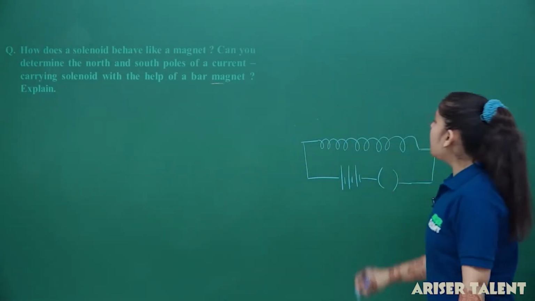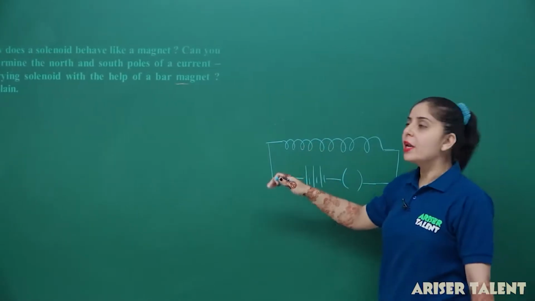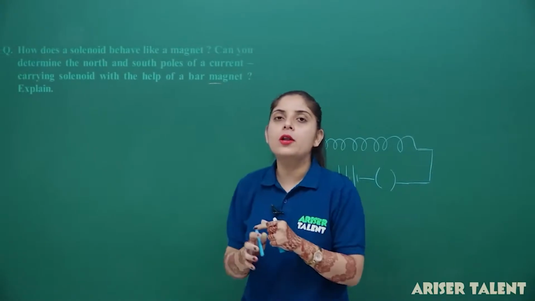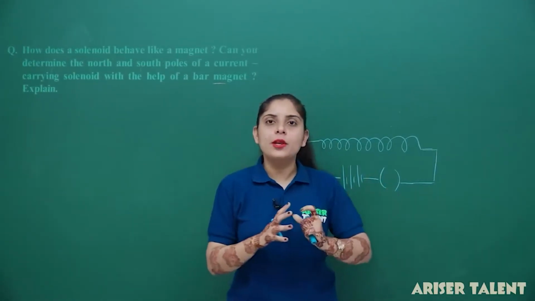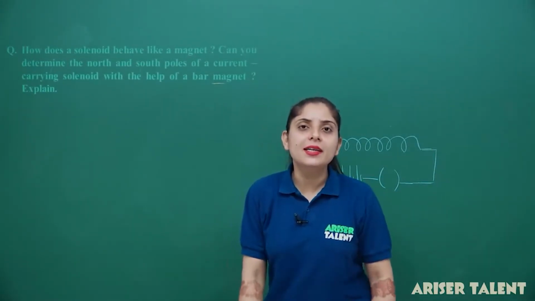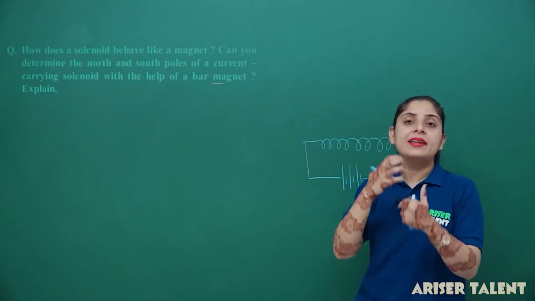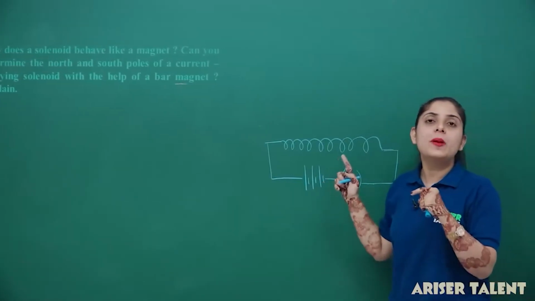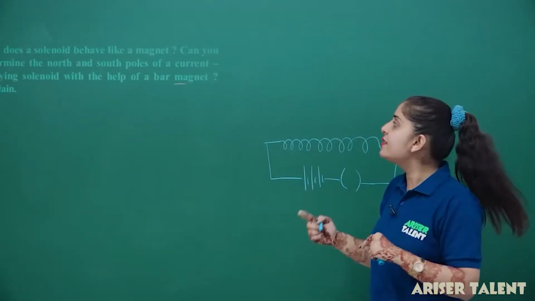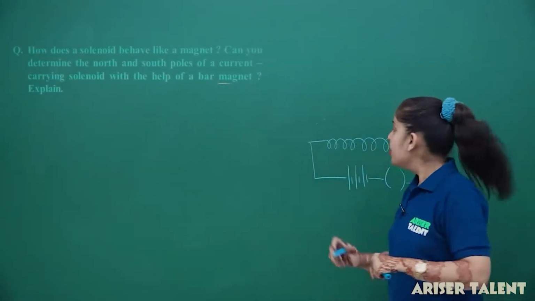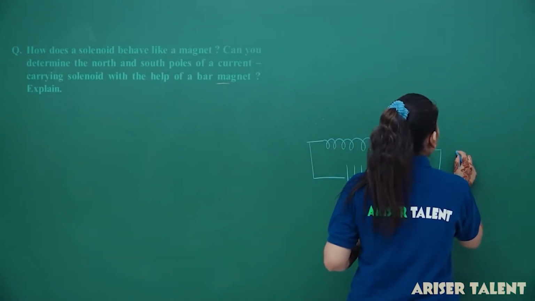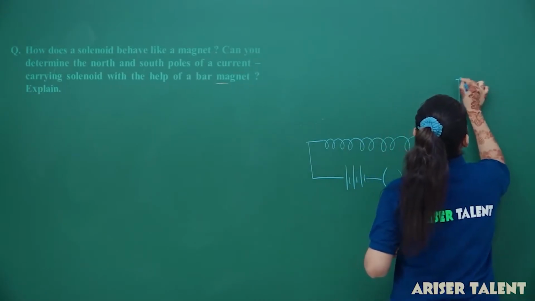This is the solenoid we have. It has a number of turns wound on a copper wire. So, whenever a current is passed through this solenoid, it will create a magnetic field around it, and the magnetic field produced by the solenoid is exactly the same as that of a bar magnet. If I draw the magnetic field lines due to the solenoid, what will I get? I will get somewhat like this.